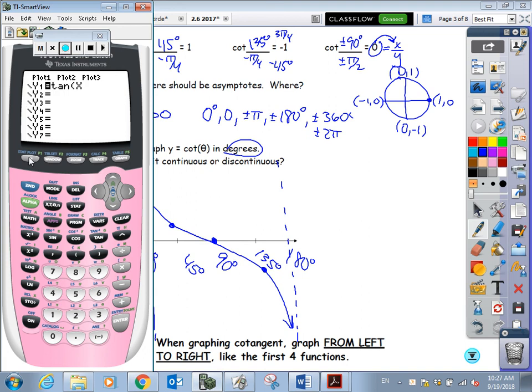But if I do cotangent, there's the cotangent graph. Notice that cotangent doesn't go through 0, 0. So now we're back to, we can see that one full cycle.